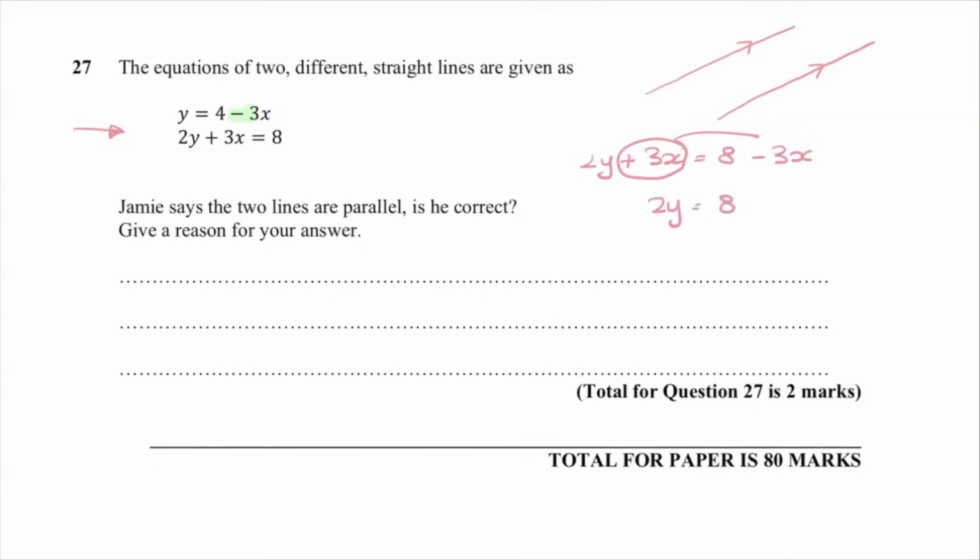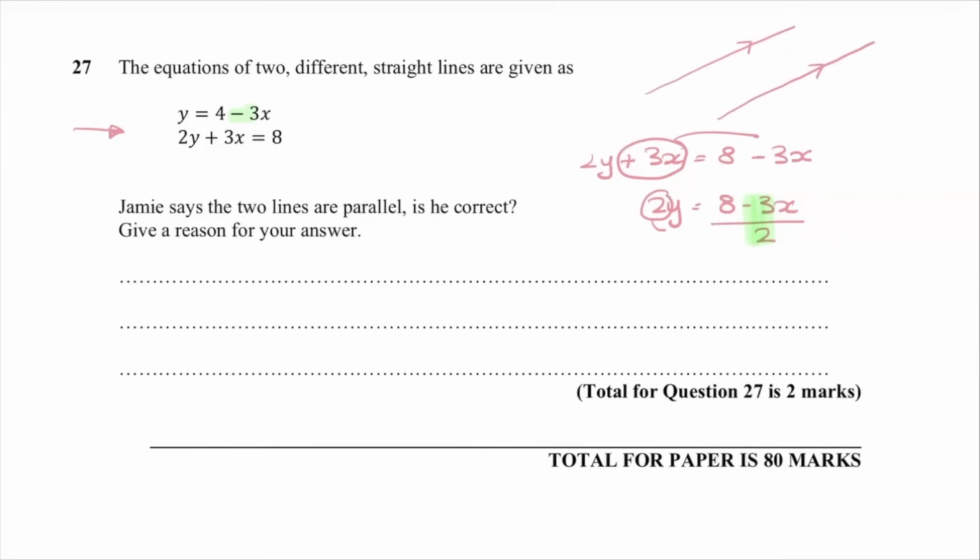Now, at this stage, you might be tempted to say he is correct because they're now both -3, but I don't have a single y yet. I want these to look the same. That's got a y on its own, so this must have a y on its own. And of course, the minute I move that across and divide by 2, I'm going to mess this up. My gradient is actually -3 divided by 2, completely different.